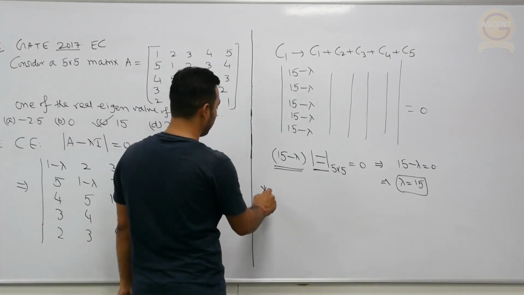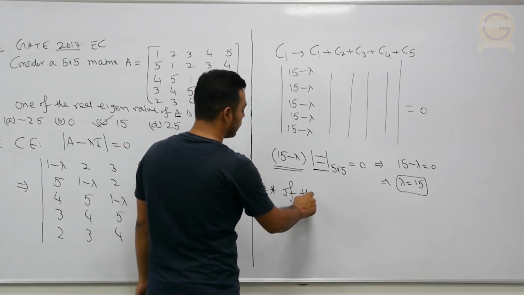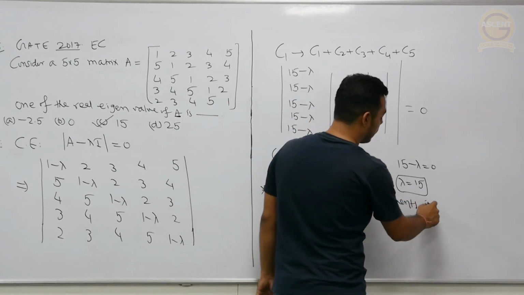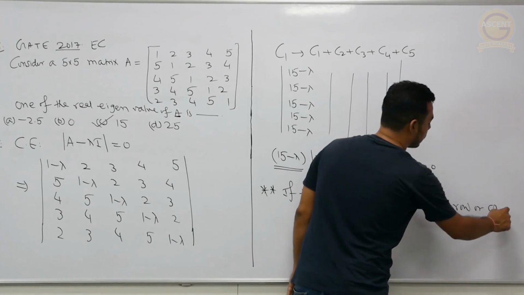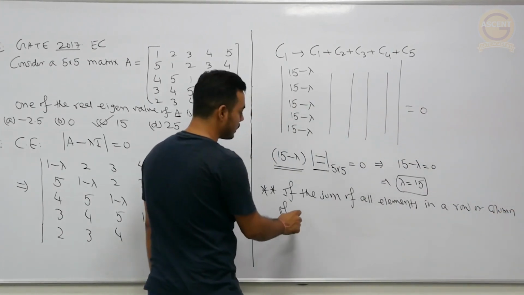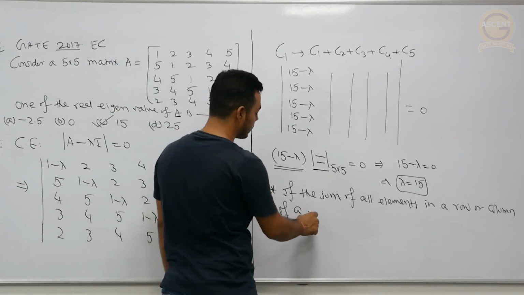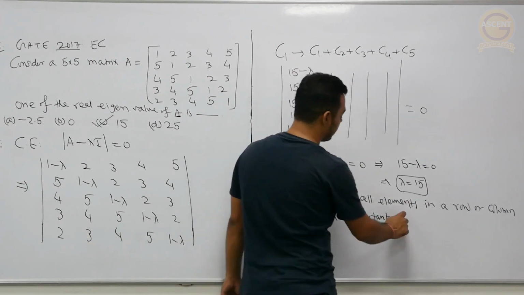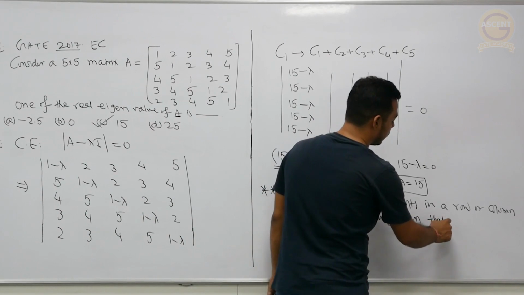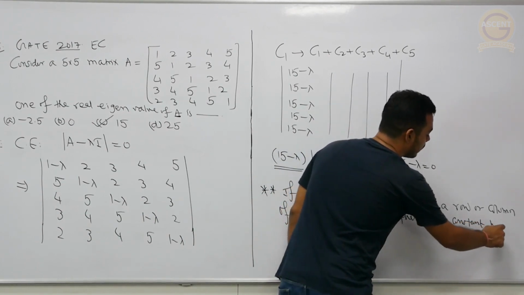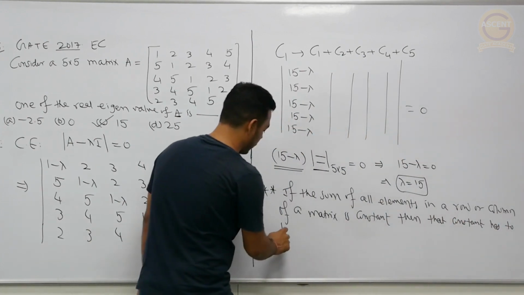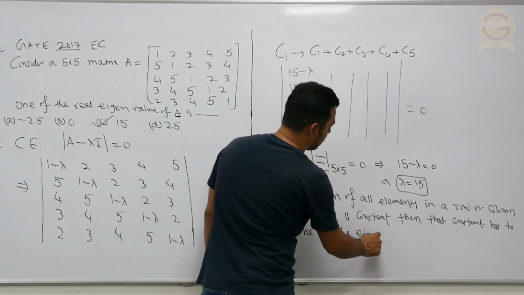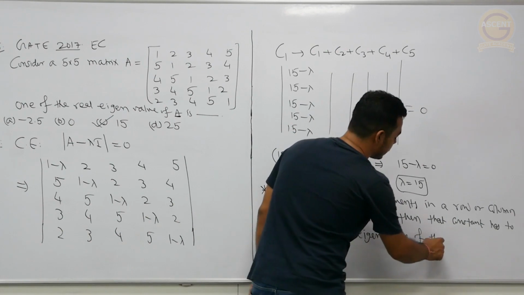So the important conclusion is that if the sum of all the elements in a row or column of a matrix is constant, meaning some fixed number, then that constant has to be one of the eigenvalues of the matrix. So this is a very important point.